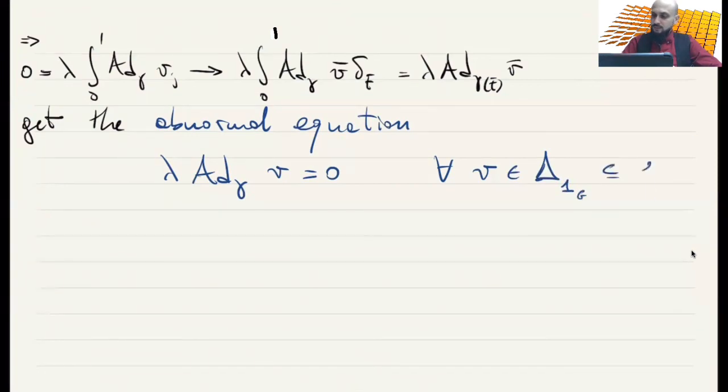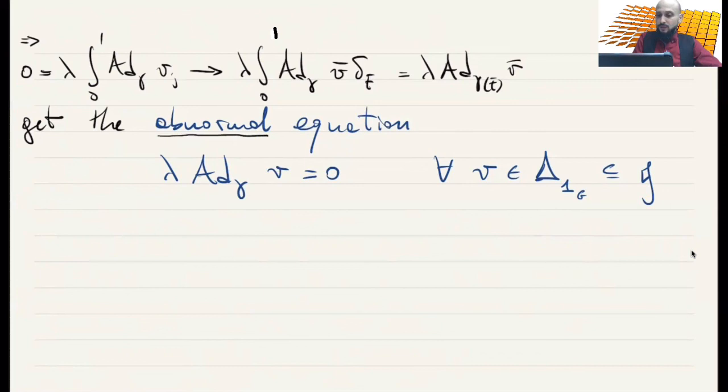This is a subset of the algebra. So it's actually the same as delta intersect the algebra, seen as the tangent space at the identity. Okay, so this is called the abnormal equation.